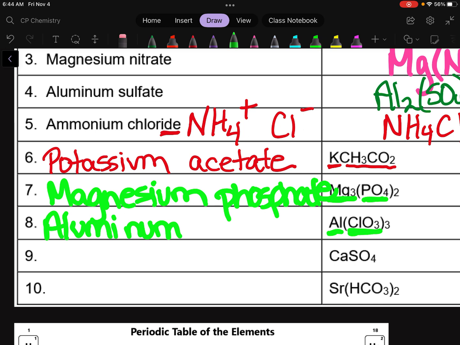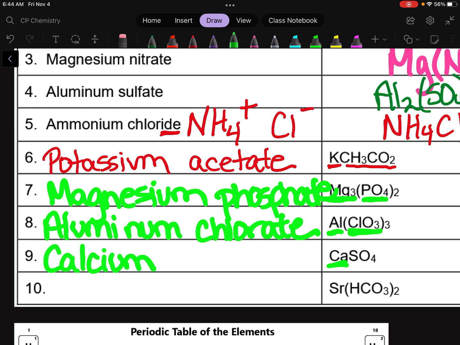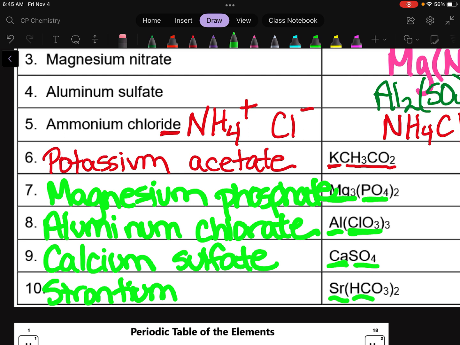And then behind it is ClO3, and that is chlorate on your list. The next one, Ca, is calcium. That is a metal, which is a cation, and SO4 is sulfate. And then the last one, Sr, is strontium, and HCO3 is bicarbonate.